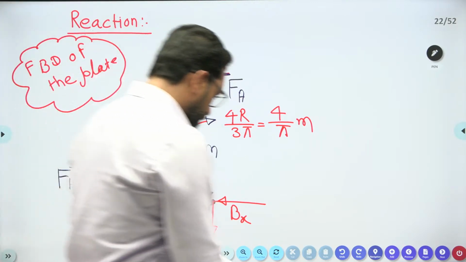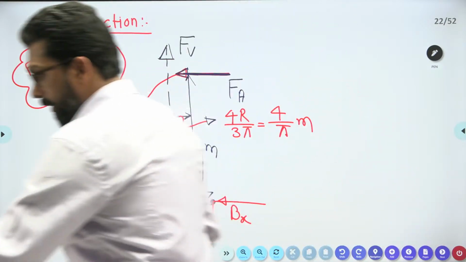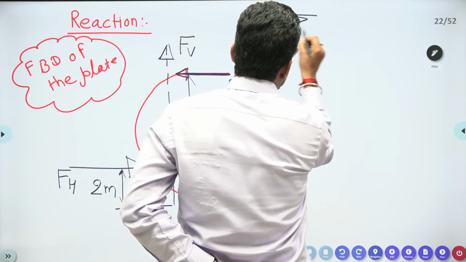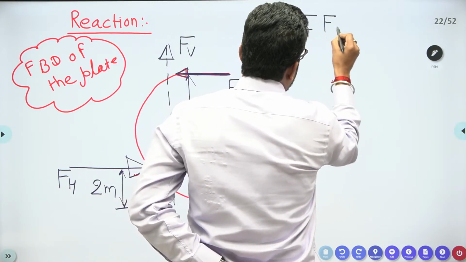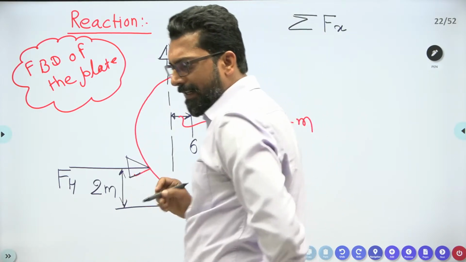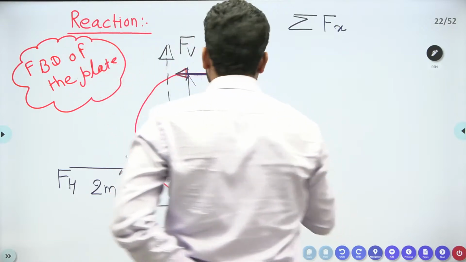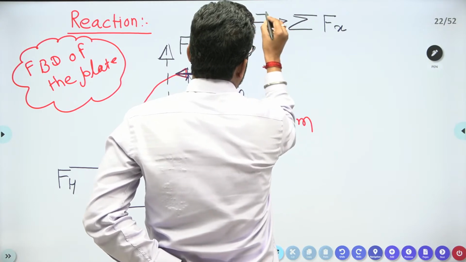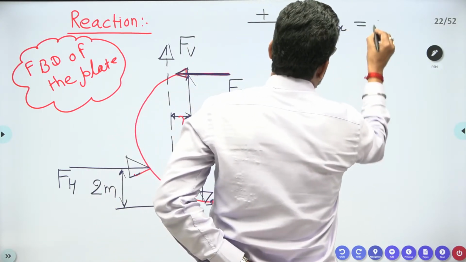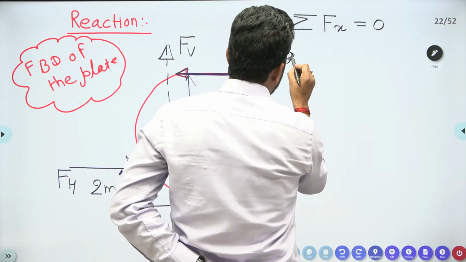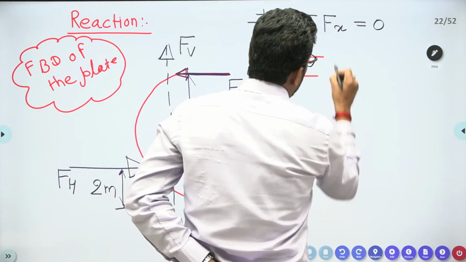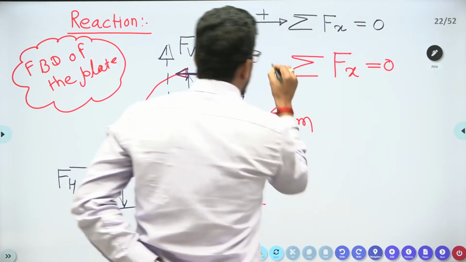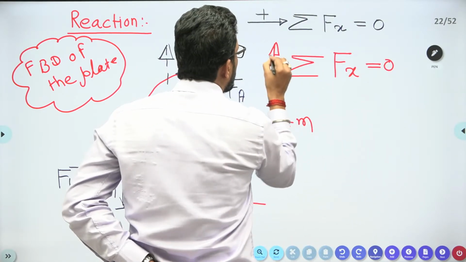Now, what is your equilibrium equation? The equilibrium equation is net force in x direction. We take this direction as positive and it is equal to 0. What is the second equilibrium condition? The net vertical force is equal to 0, with vertically upward taken as positive.